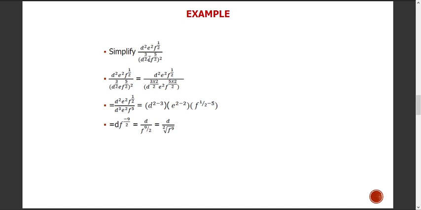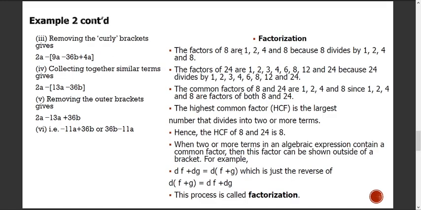So an example, if we want to get the factors of 8, we look for numbers that can divide 8. 8 divides by 1, and 2 is also a factor of 8. 8 can also be divided by 4 without a remainder, so 8 divided by 4 gives us 2.